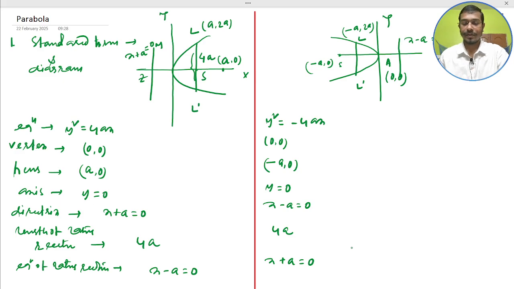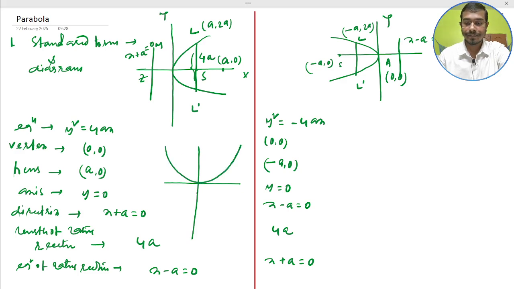Next, the same case happens; I just write here, not discuss elaborately. The standard form of x square equal to 4ay means here this would become this one. I just draw the diagram here. X and the y.